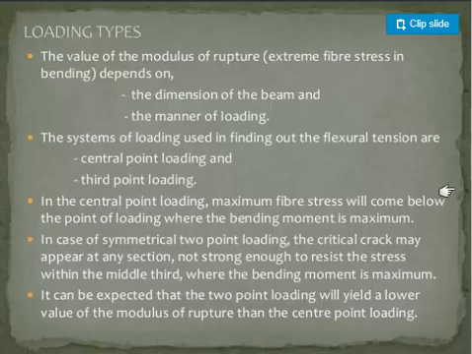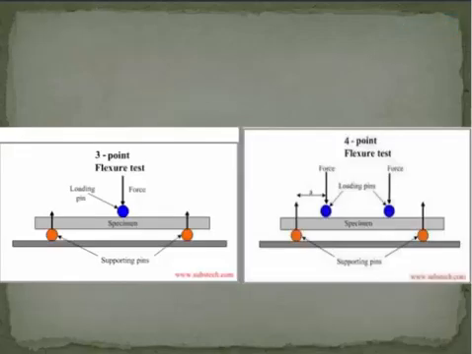And how the failure will occur, you can observe in this diagram. Loading condition, right? 3 point and 4 point. And when we are talking about the 3 point, you observe this: centrally loaded and two supports below the section which will be supporting pins and pushing the stresses upwards, and this will be stressing downwards.